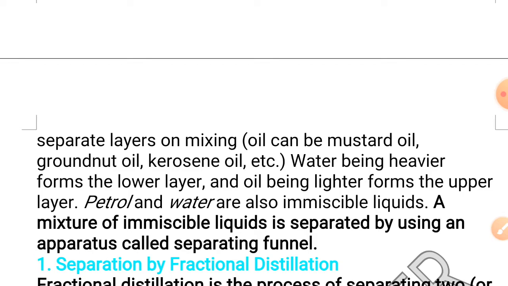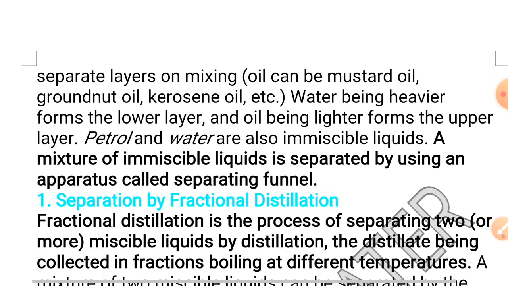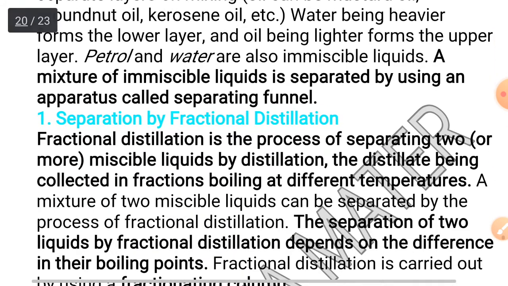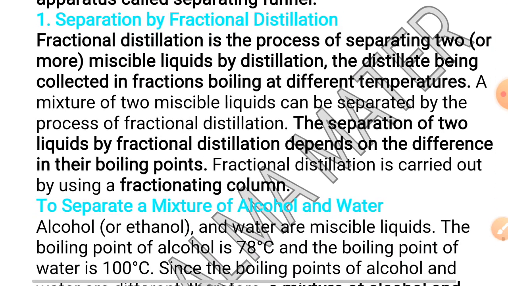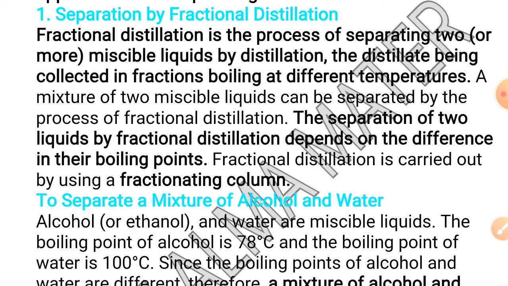Now we are starting with fractional distillation. So let's understand the principle, process and various application of this method. Fractional distillation is the process of separating two or more miscible liquids by distillation.